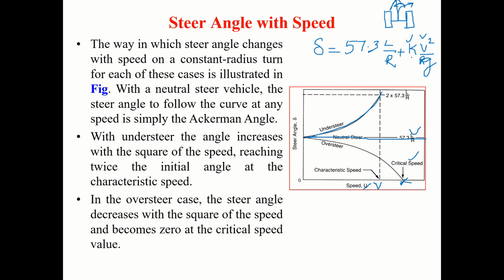That's what happens at a very high speed. So it's for the oversteered vehicle. This is for the understeered vehicle. You do not have to steer. On its own, it will steer. That is what really happens. So this concept we call it as characteristic speed, and this we call it as critical speed.